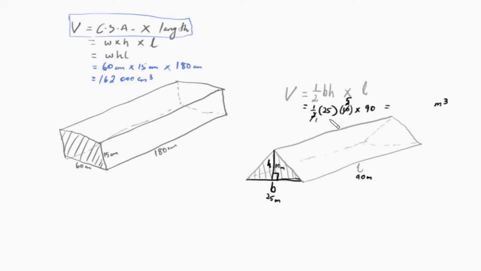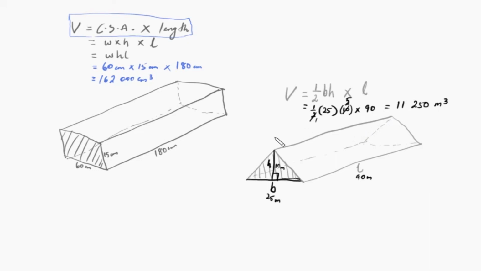So 25 by 5 by 90. 25 times 5 times 90 is going to be 11,250 meters cubed. So this becomes our volume in this regard.